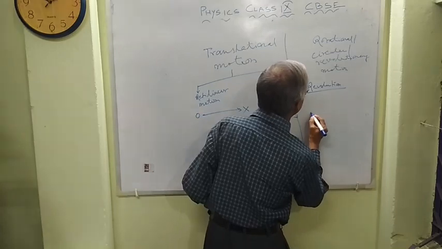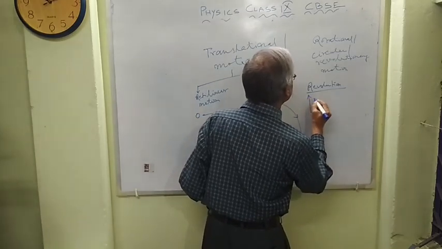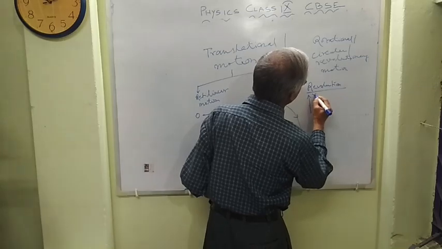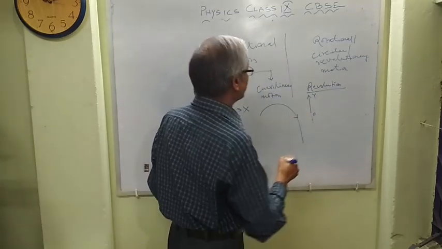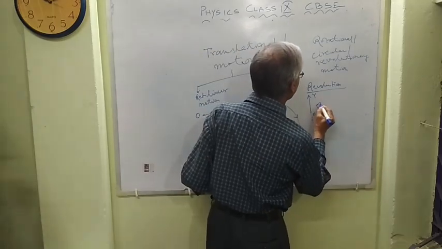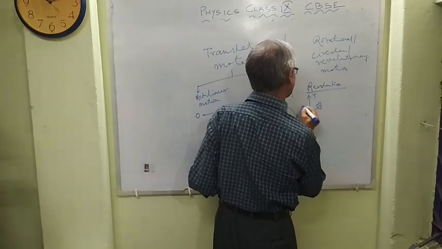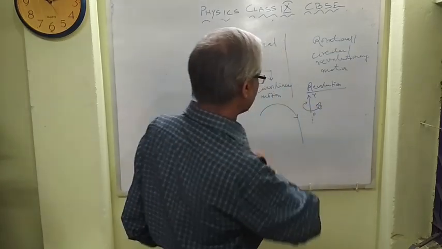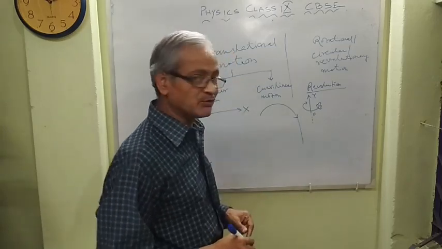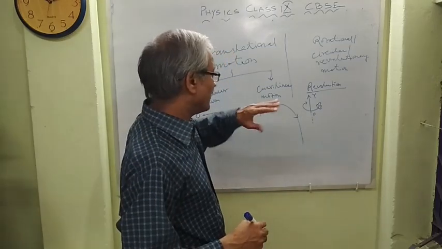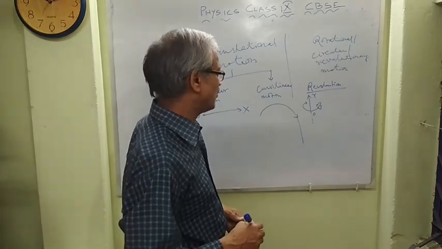That is, this is the point O and this is the axis OY, and the body as a whole moves round this. Then this is called revolution. For example, Earth moves round the Sun, Moon moves round the Earth, and so on.